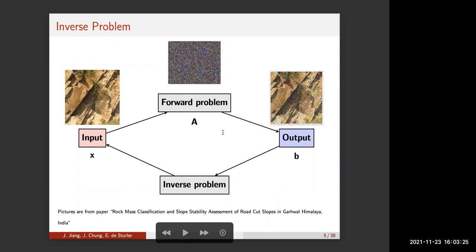This whole process we call the forward problem. But practically, the problem we usually face is we have this bad picture and we want to do the inversion. We want to do the denoising or reconstruction. The opposite process we call an inverse problem.